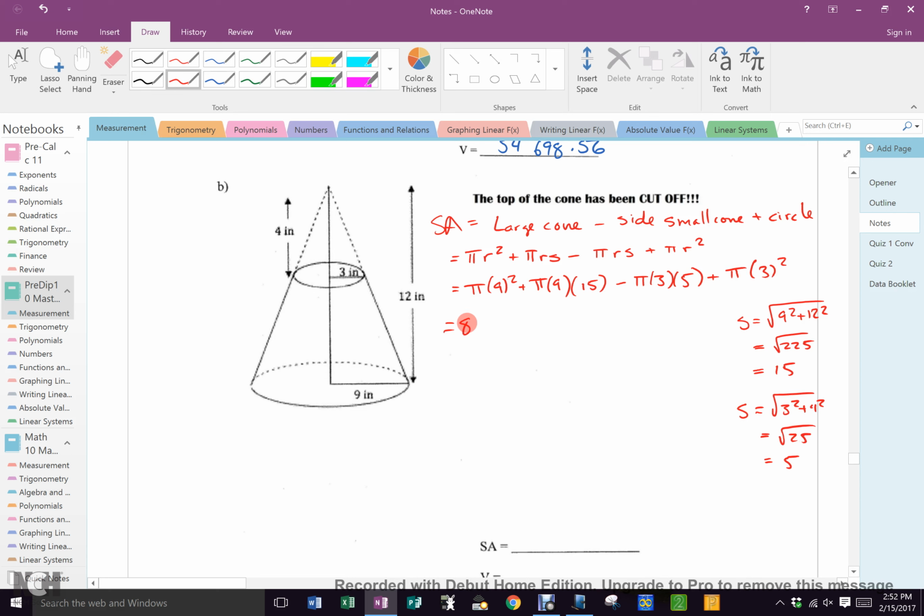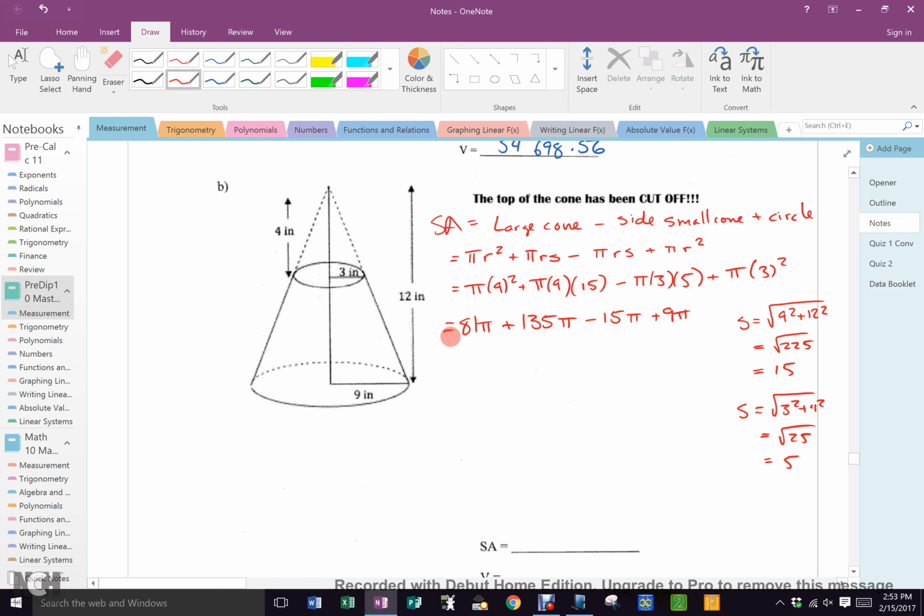9 squared is 81 pi plus 9 times 15 is 135 pi minus 15 pi plus 9 pi.